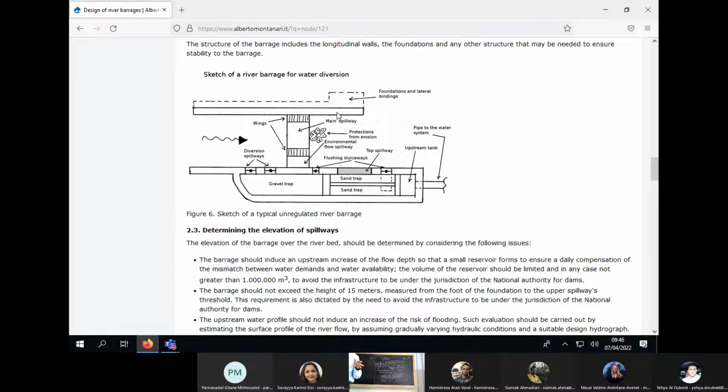It's a delicate environment that needs protection. So it's a good thing that we try to limit the interventions.